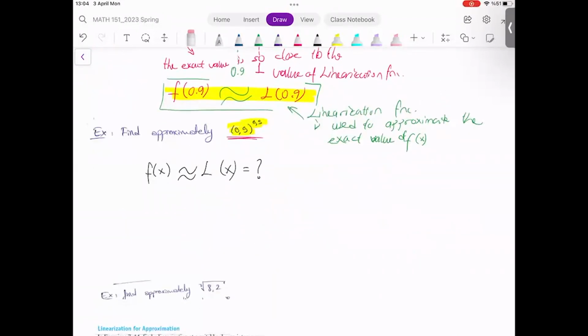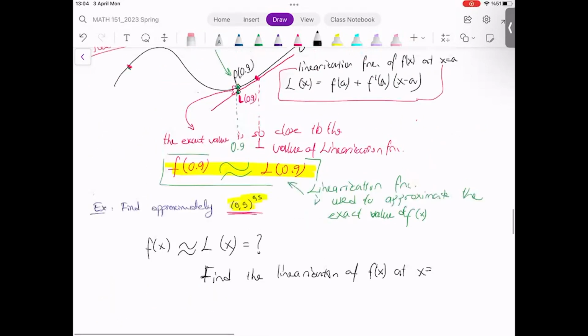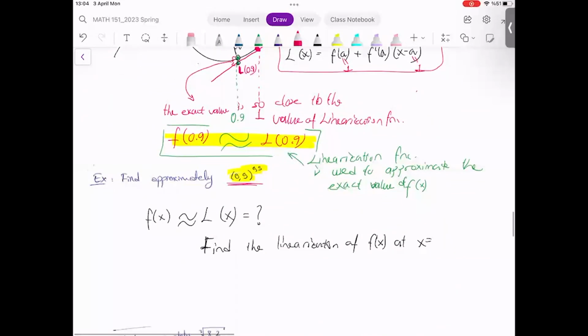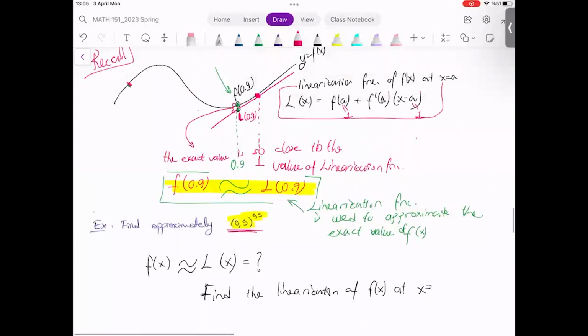Okay, so we need to find the linearization of f of x at x equals a. Here a is the point 1, because we draw the tangent line at the point 1. And in this example, 0.9 is the point that is close to the point where you draw the tangent line, okay?